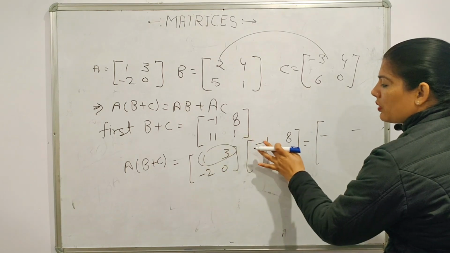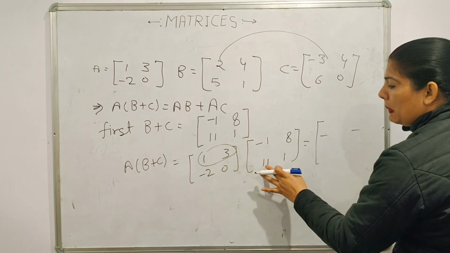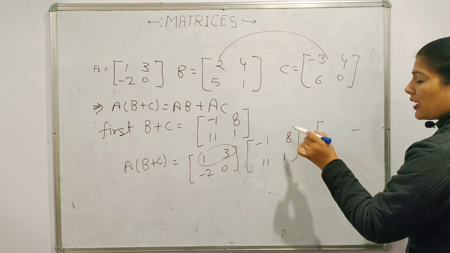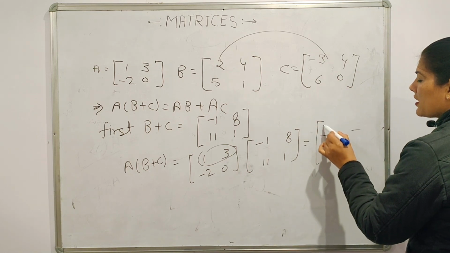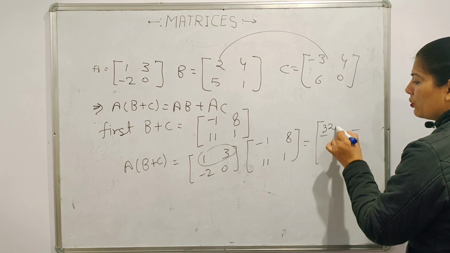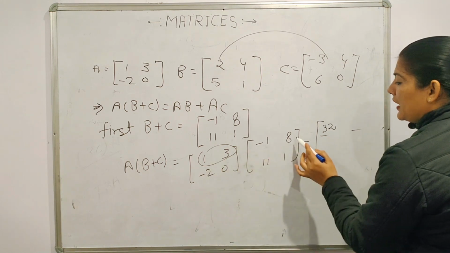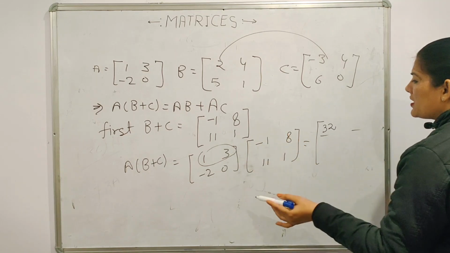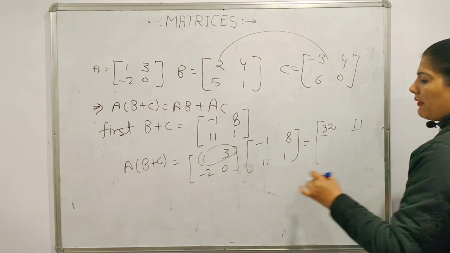So minus 1 plus 33 is equal to 32. And again here 1 into 8 is 8 and 3 into 1 is 3, so it is 11.